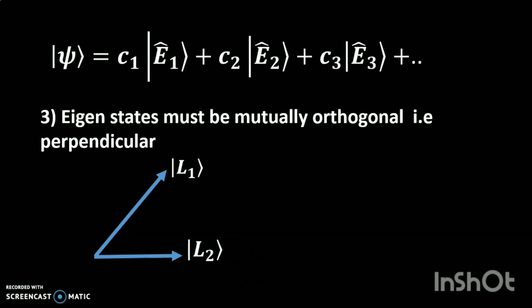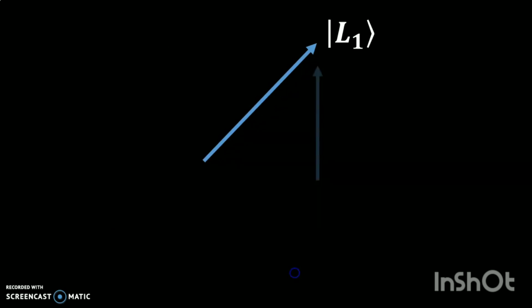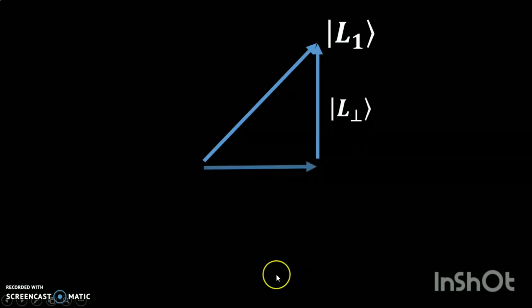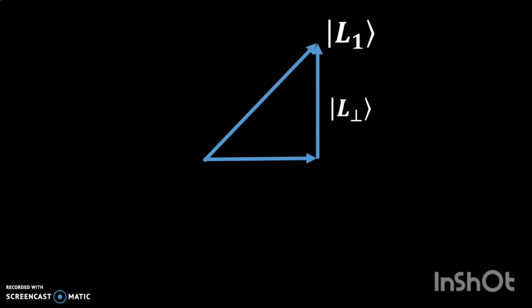Since they are not orthogonal, we can decompose L1 into two components: one component along L2 and some orthogonal component.